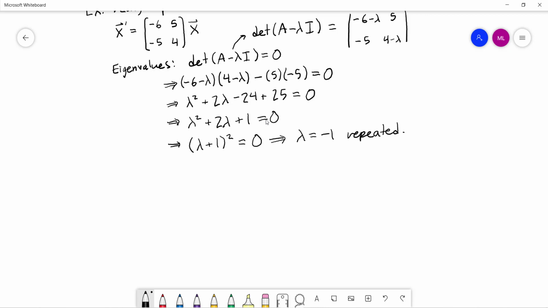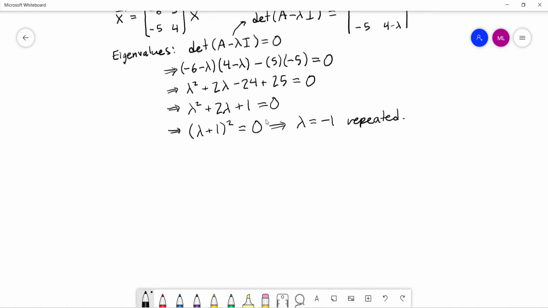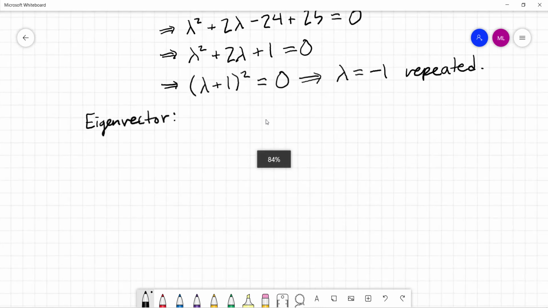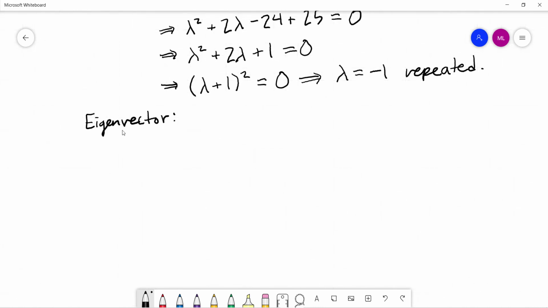Okay, so that means that we basically only have one solution, and we can try to find the eigenvector that corresponds to that one solution. So the next step is to find the eigenvector. If possible, if you have two different values of lambda, you find both eigenvectors. But now with just one, we'll just see what we get.